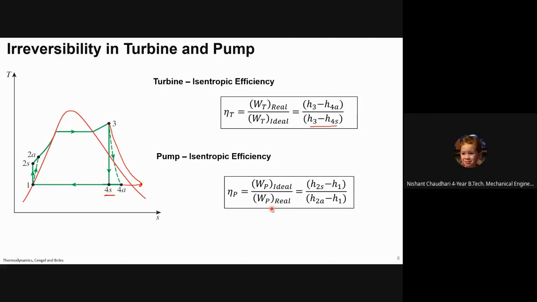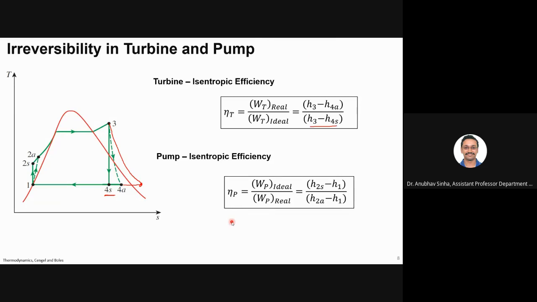The pump has to overcome internal irreversibility, and work is done by the pump. Yes, so in one case work is being done to the fluid, and in the other case work is extracted. Ideally I needed more work at the pump, but in a real cycle I'm giving less work. So this is good for it, increases efficiency.